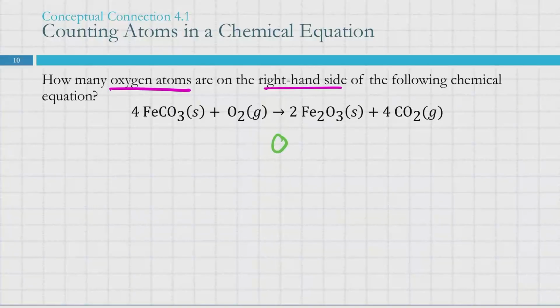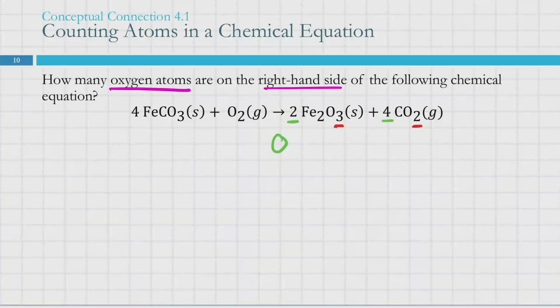Okay, so counting up the number of oxygen atoms on the right side. The way that we do this, we're looking at coefficients times subscripts for each of our chemicals. I think I did coefficients in green on the last slide and subscripts in red.